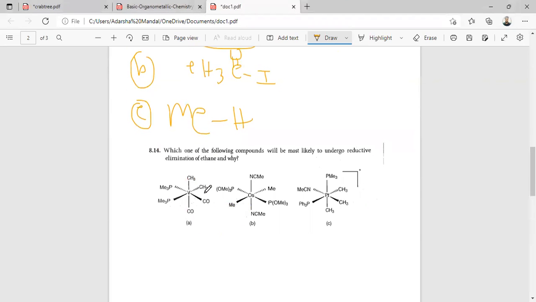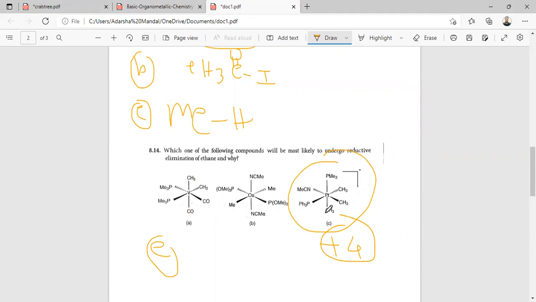So next question: which of the following compounds is most likely to undergo reductive elimination of ethane, and why? Here complex C will undergo reductive elimination to form ethane, because in this complex C the platinum is in the plus 4 oxidation state.